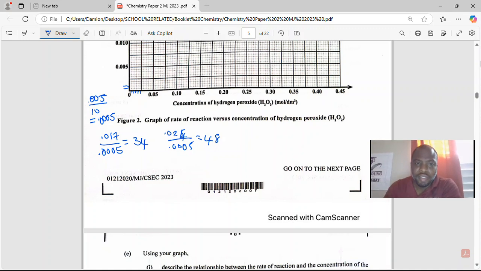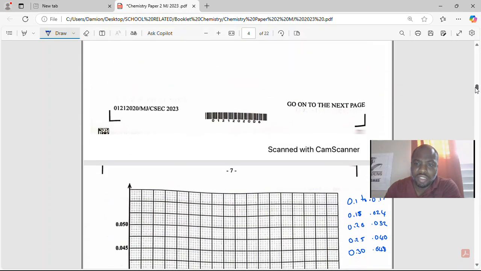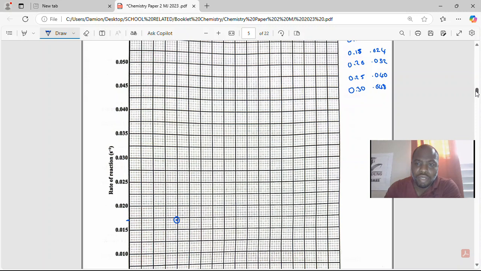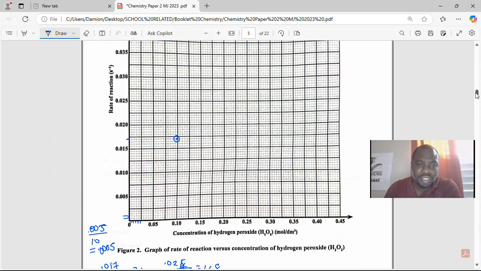All right. So we know 10, 20, 30, 40. So 48 is right here.